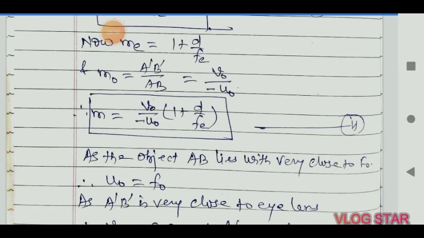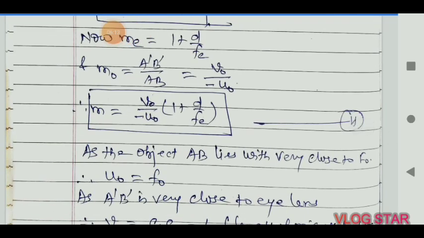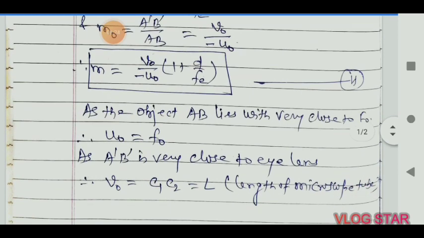When you want to know only the magnitude, you take the modulus of U_0, then it becomes positive. Now, as the object AB lies very close to F_0, the focal length of the objective, we can take U_0 equal to F_0.